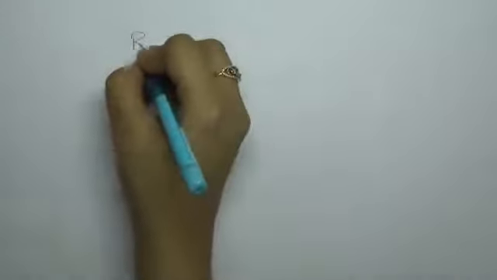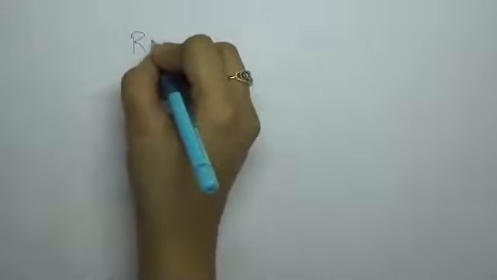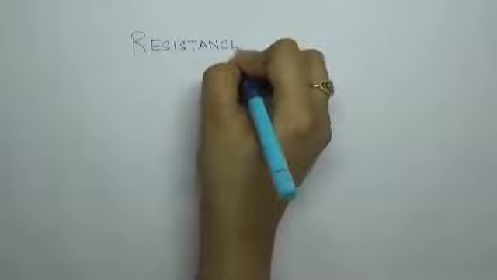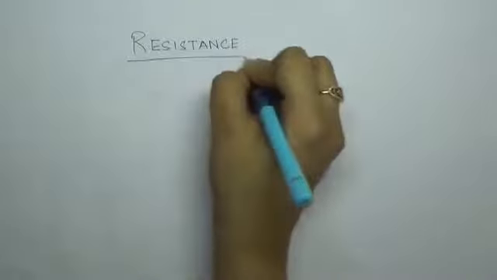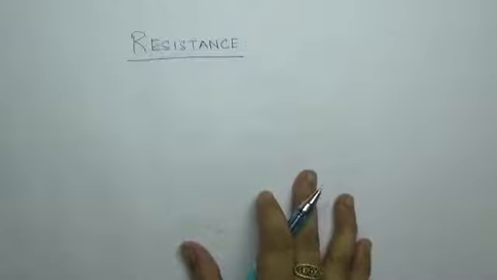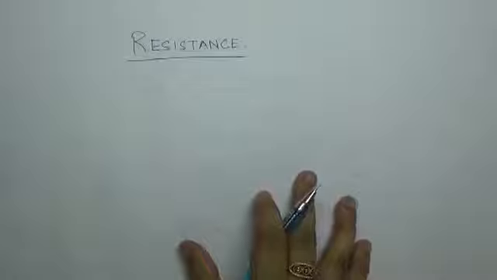Now let us see what resistance is. Let us understand the concept of resistance. Resistance is an English term. What does resistance basically mean? Resistance means an obstruction. If you look in an English dictionary, resistance means an obstruction, and the same definition applies in physics as well.